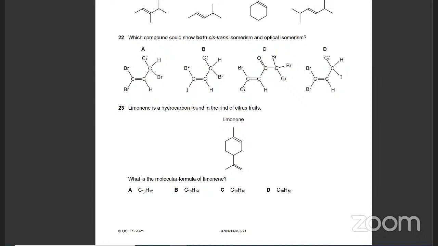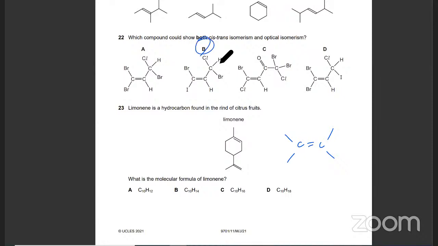But it's not about similarity. It's about each carbon having different groups. So these two need to be different, and these two need to be different on the other side. Is it B? So it's going to be B.